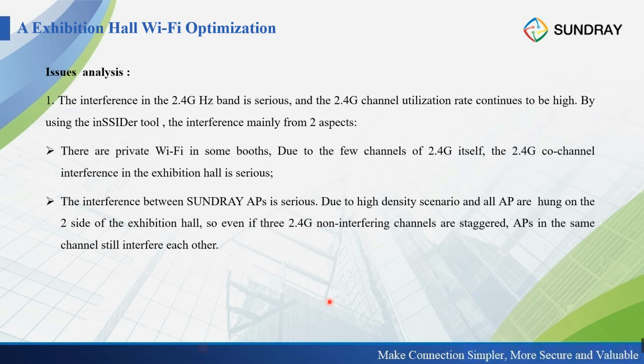First one, there are many private Wi-Fi in some booths, because in the exhibition halls there are a lot of booths and each booth may use their own Wi-Fi, more like their home routers. So this caused the interference in 2.4G. And also, there are a lot of APs deployed, and they use the omnidirectional antenna.